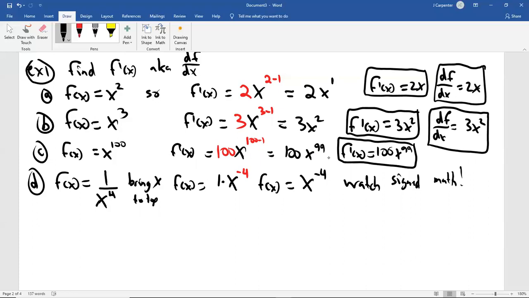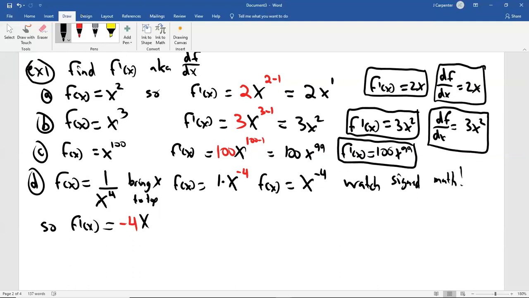So I'll write it down here. F prime of x. What do? We take the exponent, which is the -4 including the sign. We bring it out front. There's a -4 out front. We leave the variable, but we drop the exponent by 1. Now, a lot of people just instinctively say -3, because before the 100 went to a 99, the 3 went to a 2, the 4 goes down to a 3, a 7 goes down to a 6.